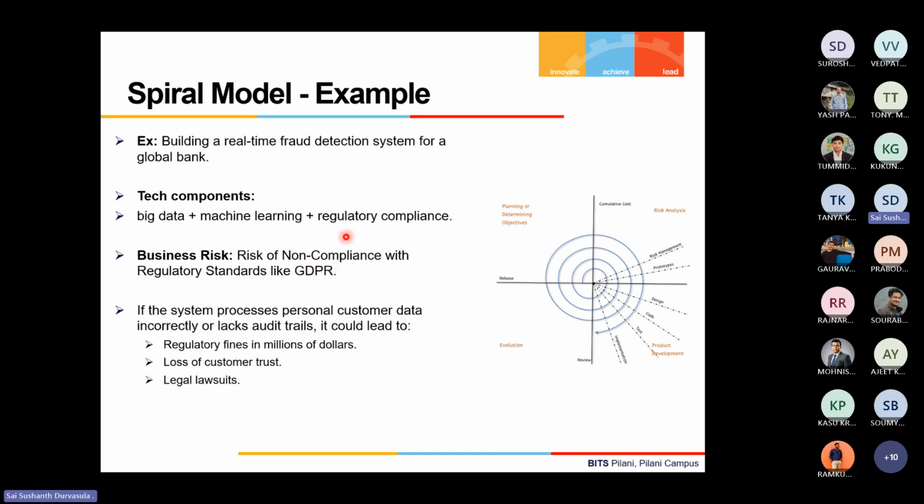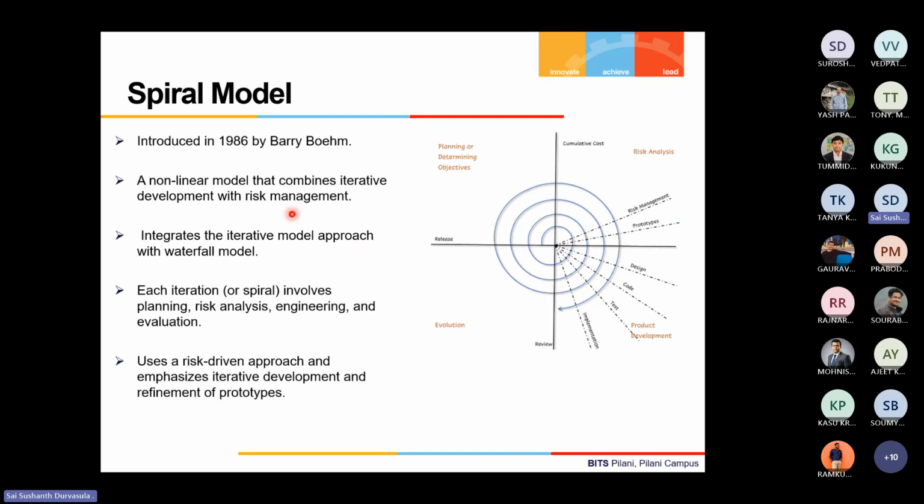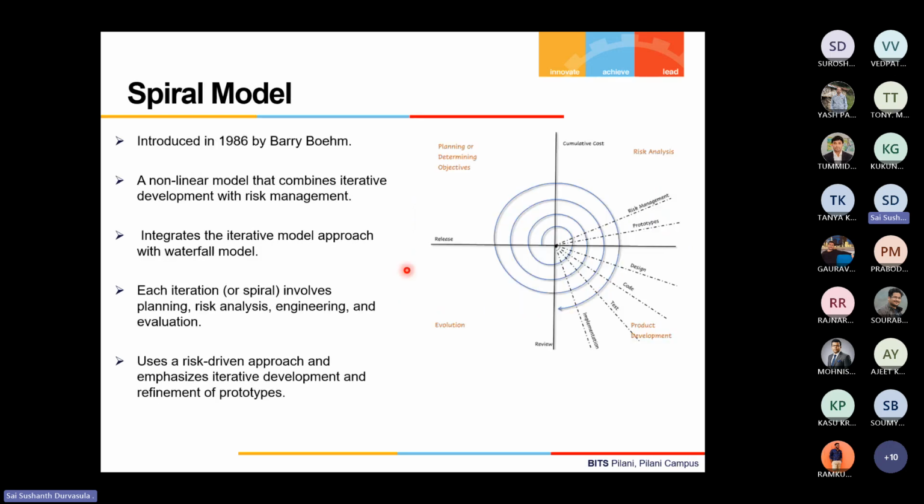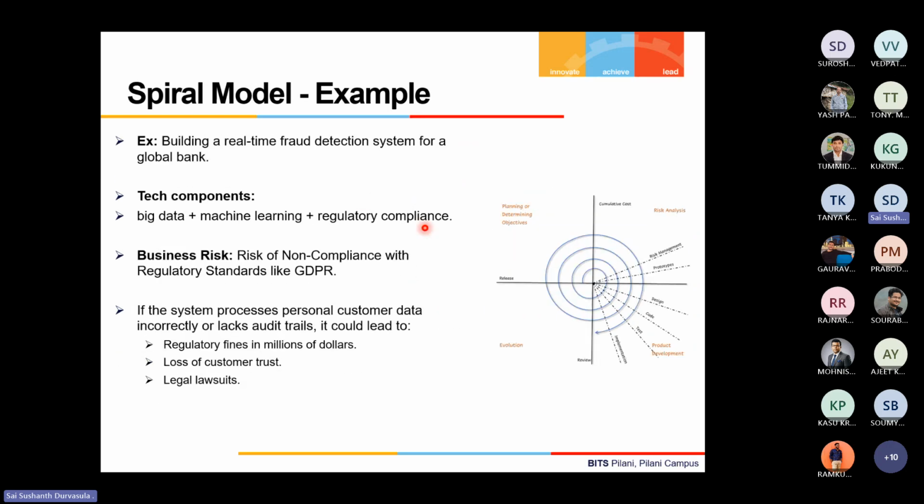If, let's say, this was not planned before, like only the iterative model was done, the software would have been ready, but it wouldn't have been meeting these regulatory compliances. So that is where this risk analysis, at each phase, they try to analyze and see that it is meeting those. So that is the combination of iterative model plus waterfall model plus risk management: the spiral model.